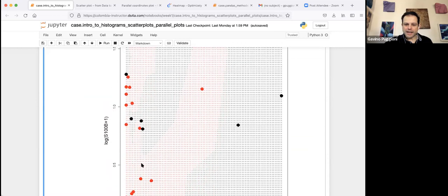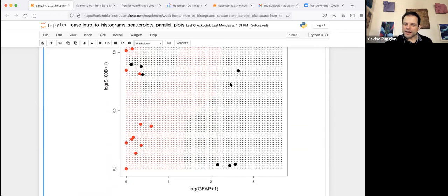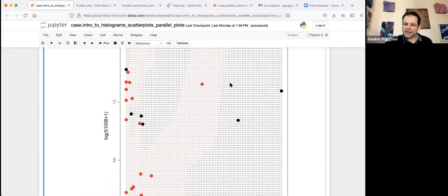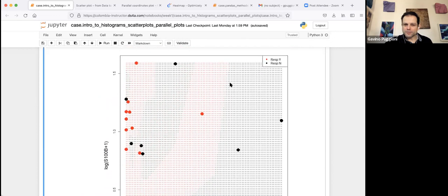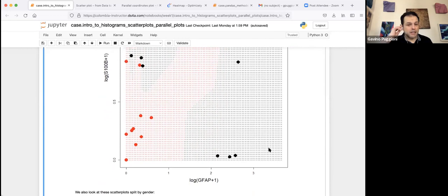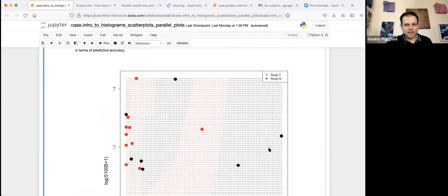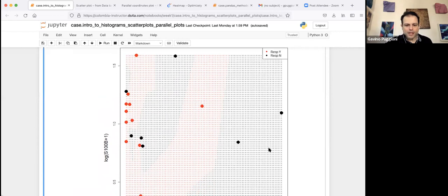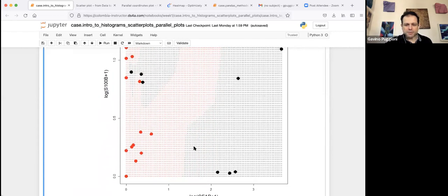And here we have a very dark, very black area, right? It's typically when GFAP is large. We already knew that. When GFAP is larger, we know already that the chance of recovery is small. What about when GFAP is small?